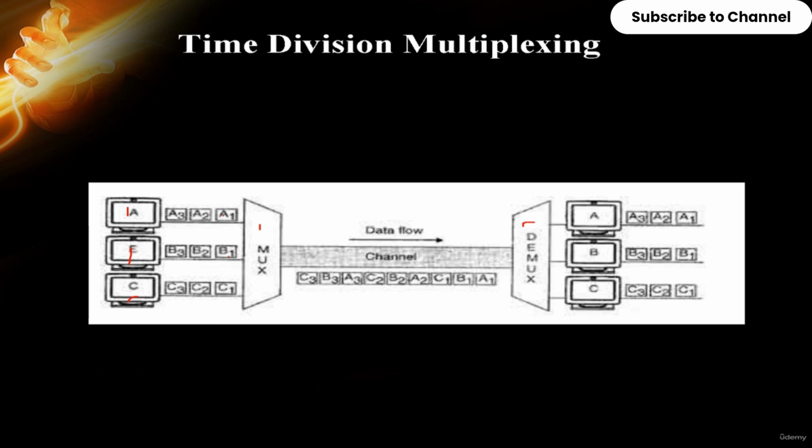Similarly, at the next time slot, A sends A2, B sends B2, and C sends C2. Then A sends A3, B sends B3, and C sends C3. These frames are sent to the multiplexer, and in the channel they travel according to the time slots in which they were sent: A1, B1, C1. On the demultiplexer side, the receiver gets the data as it was sent.